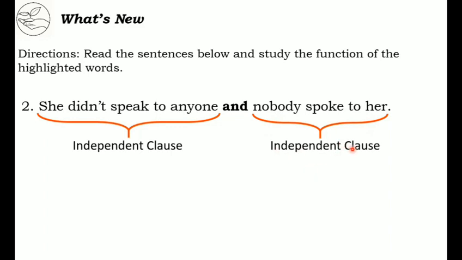This is also an independent clause because we have a subject and we have a predicate, spoke to her. Even if we remove the first part, it is still a perfect sentence. That is why this is called an independent clause. And in the middle here, this "and" is our coordinating conjunction. The function of this coordinating conjunction is just to connect the two independent clauses.